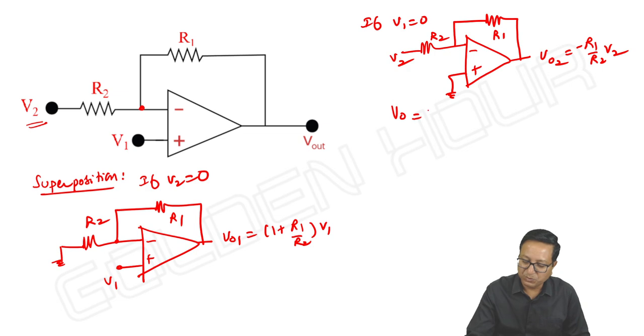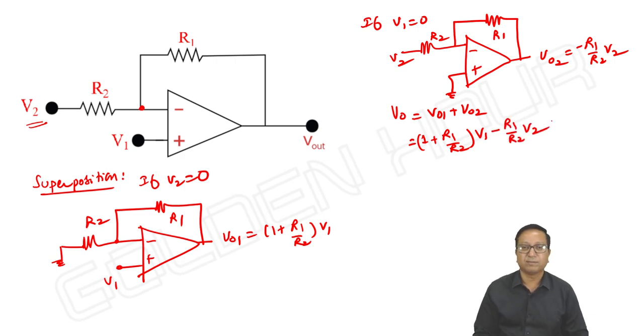So overall output is equal to VO1 plus VO2. That is 1 plus R1 by R2 into V1 minus R1 by R2 into V2. It's as simple as that. Or you can use nodal analysis, you get the same result.